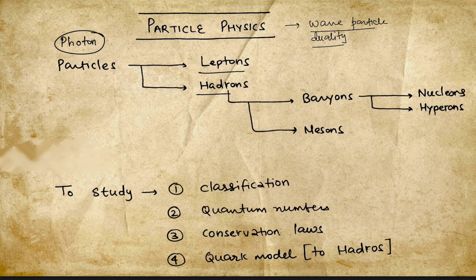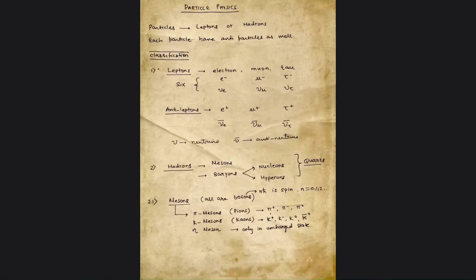Our goal is to learn about classification, then the quantum numbers which specify those classifications, and the conservation laws. And then finally we will learn about the quark model, which applies to hadrons. Okay, the spelling is wrong here. So this is what we are going to do. Let us move forward.